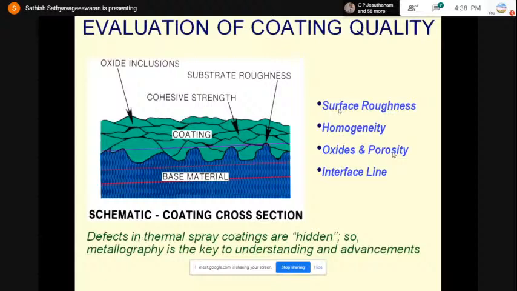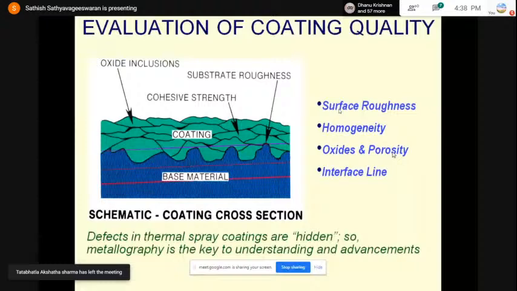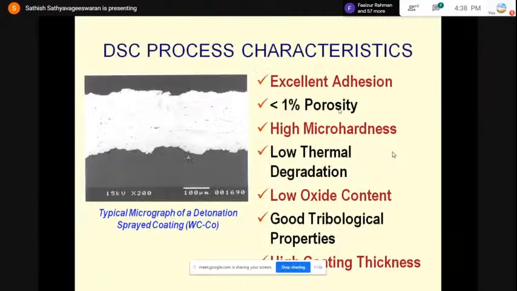That is why generally for the base metal or substrate you should have very high roughness, whereas for the coating you should always have very low roughness. Moreover, cohesive strength should not be too high, otherwise your coating will undergo delamination.